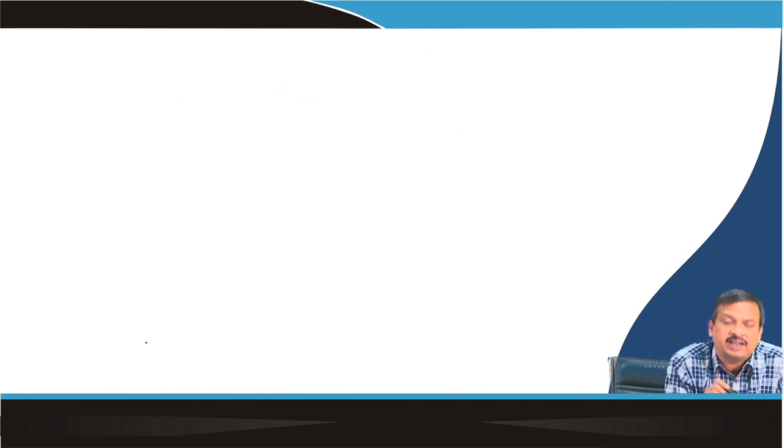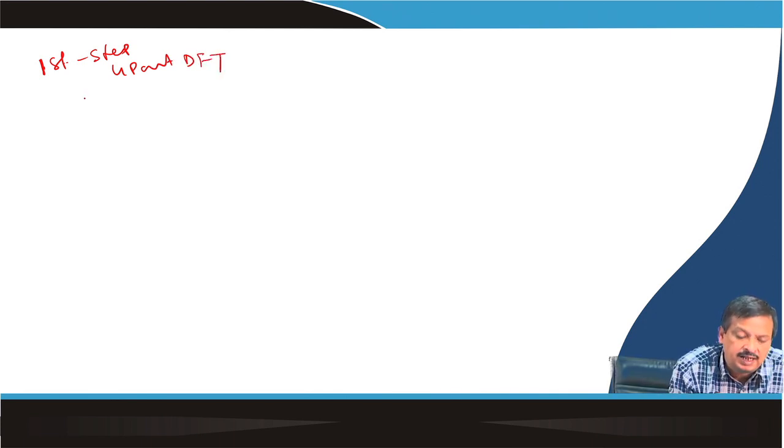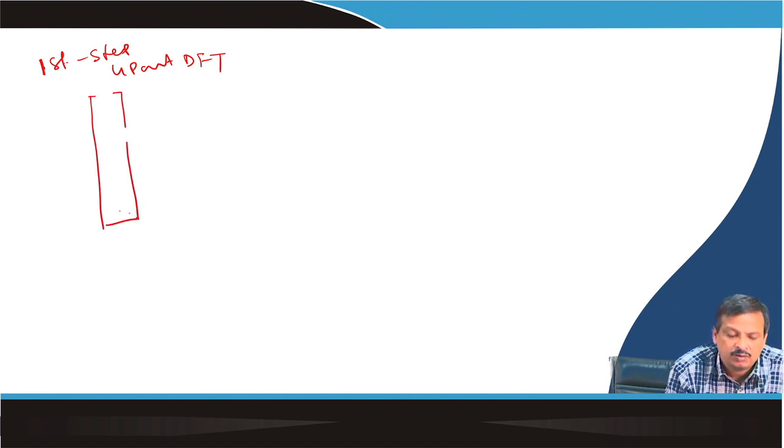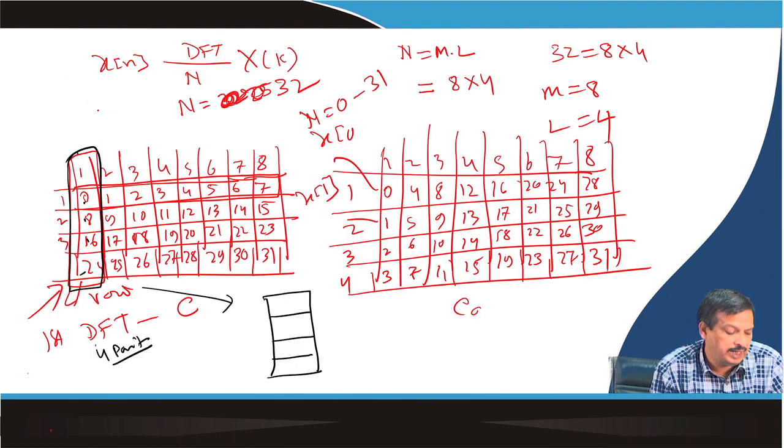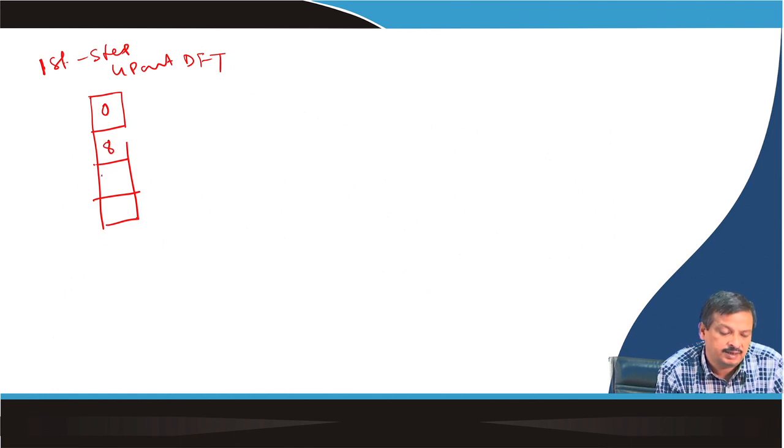Let's go to the next slide. So here I am computing the first step, the 4-point DFT column wise. The data is in red color. Let us say the first column data: this is the 0th index data, this is the 8th index data, this is the 16th index data, this is the 24th index data.